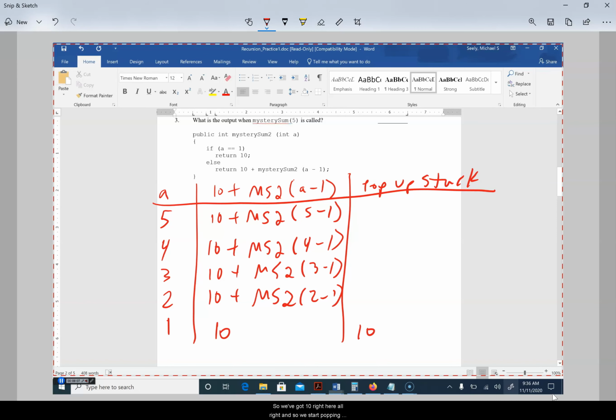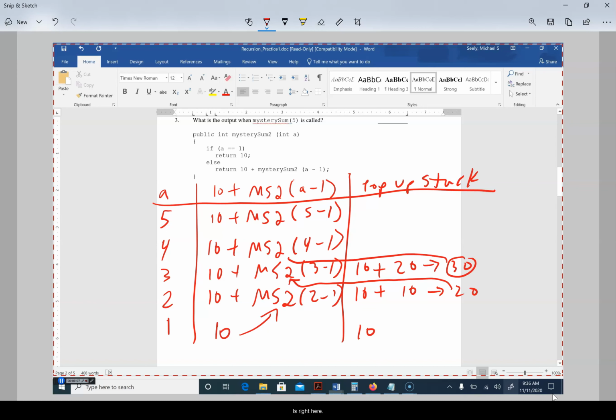All right, and so we start popping back up this stack where we have 10 plus, and again, this is 10 right here, so that's 20. Then we get 10 plus 20, which again, I don't know if I need to write the lines up, but that's where that comes from. That's 30. That goes right here.